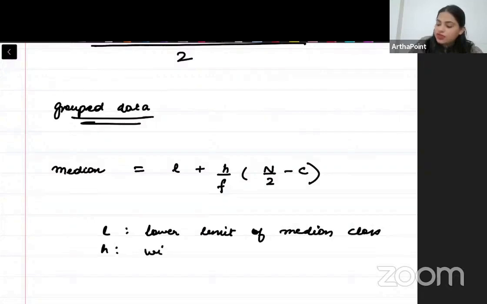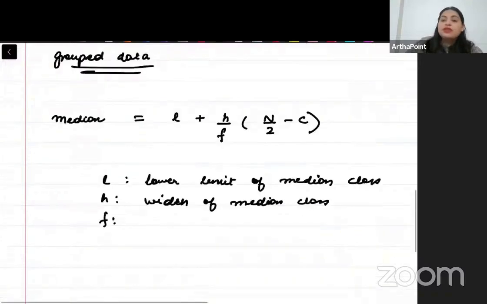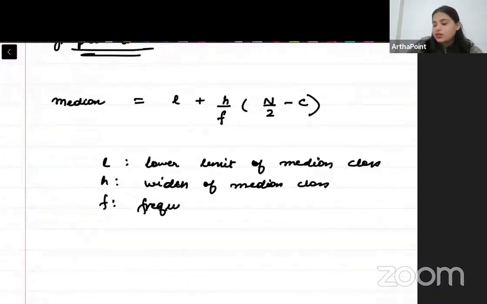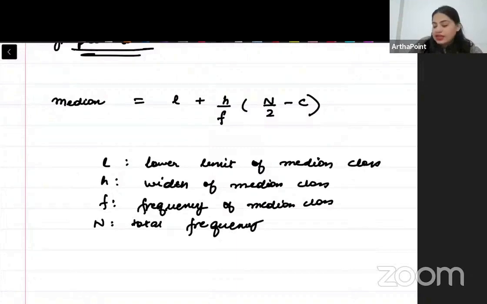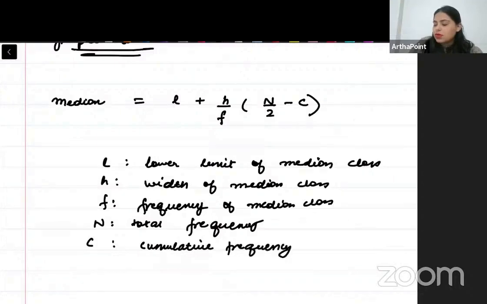H will be the width of median class. F will be the frequency of median class. Right, beta? N will be the total frequency. Okay, beta? And C will be the, so इसको बहुत books CF भी लिखती हैं, this is cumulative frequency of preceding class.